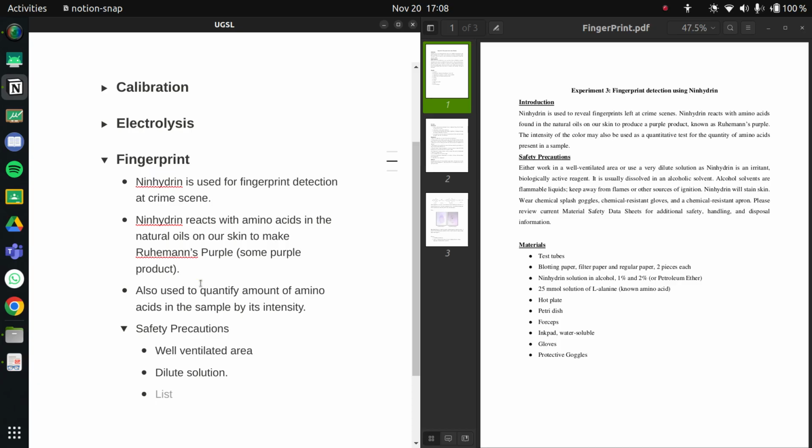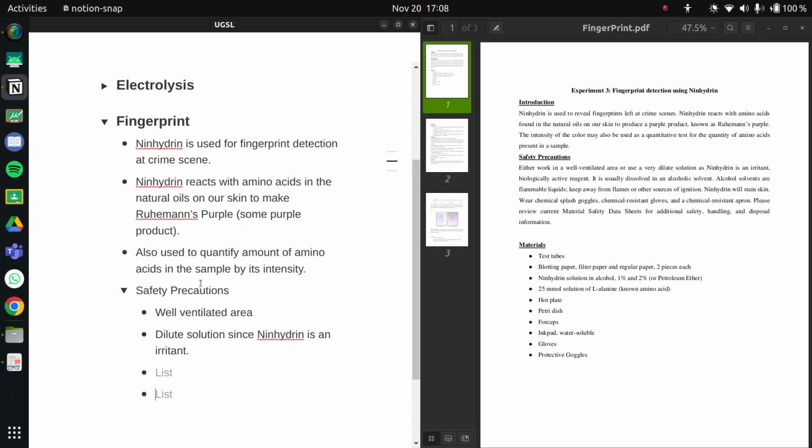Because ninhydrin is an irritant, and stains skin. Biologically active reagent. Okay, this is a very bad thing.